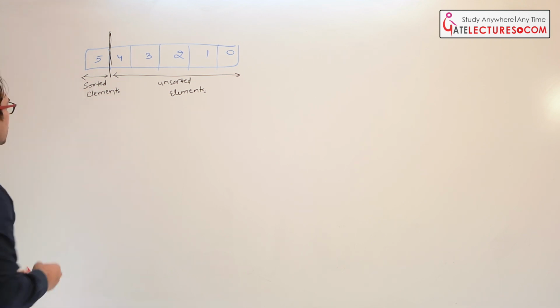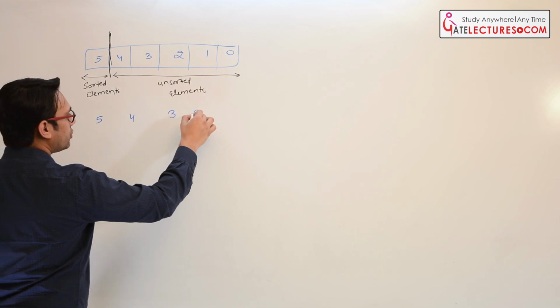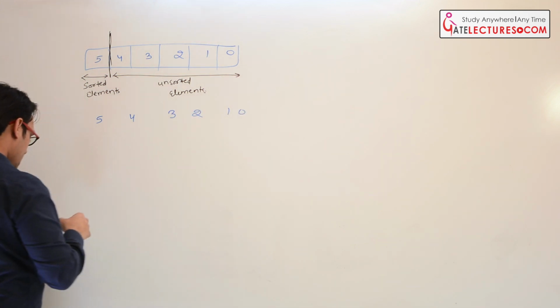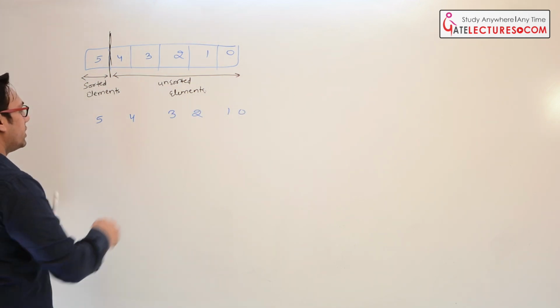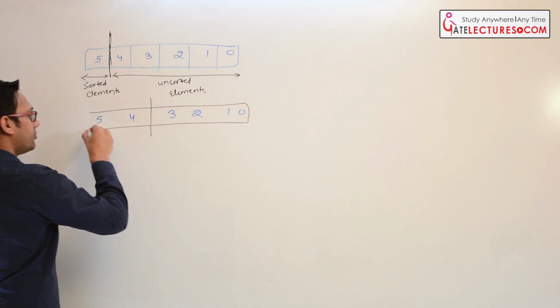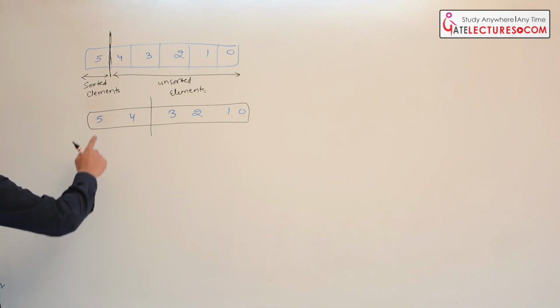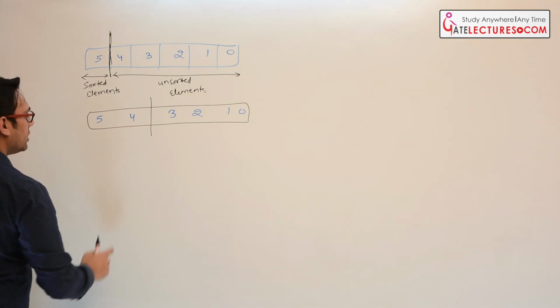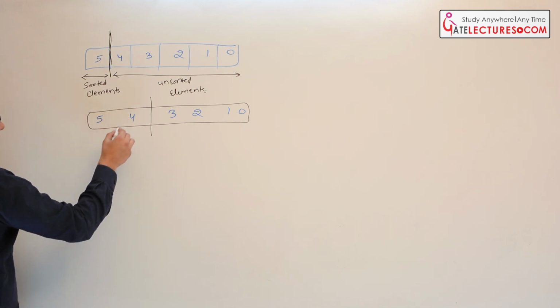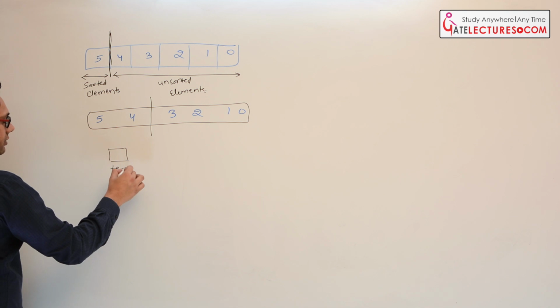Now in the second pass we have the elements 5, 4, 3, 2, 1 and 0, and assume we are having the window here. Now we have to sort this element. We will take one more temporary variable here.